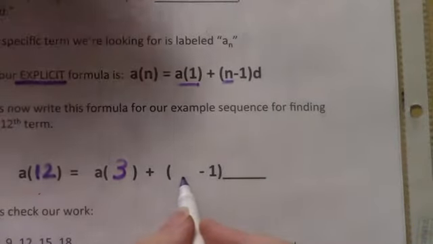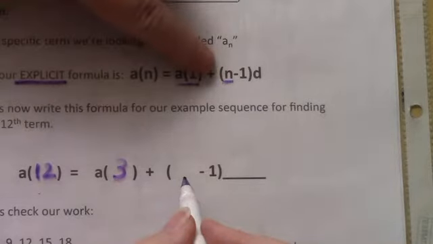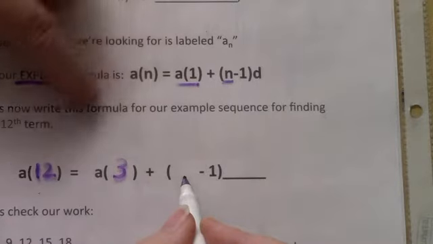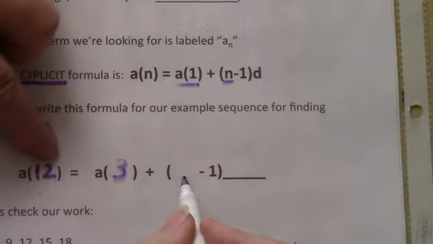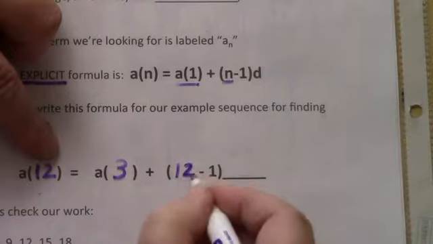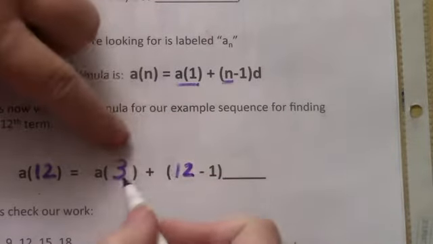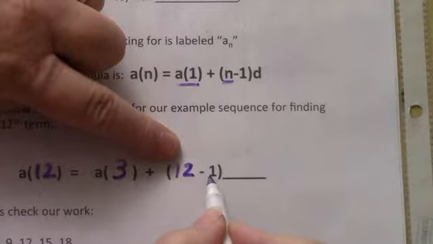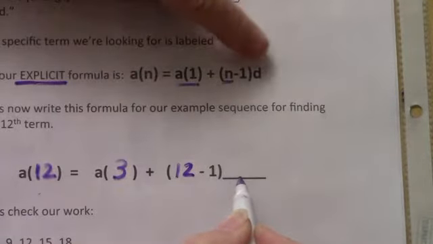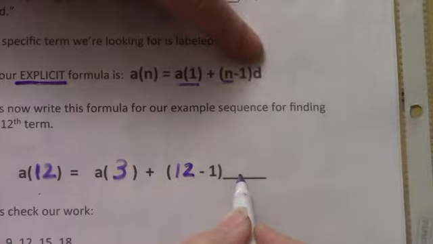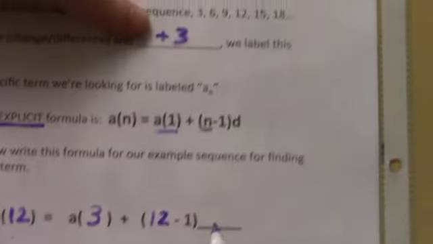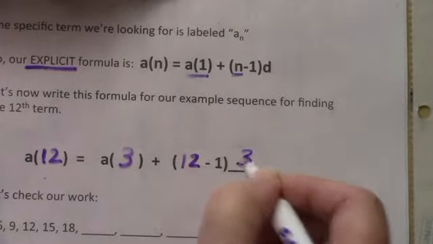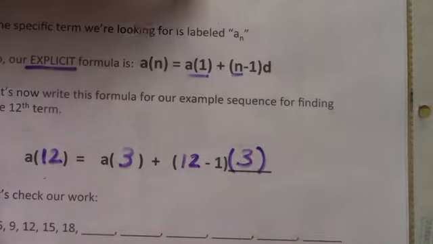What goes next in our formula is this n. And what is that referring to? It's referring to the number in the sequence that we're looking for. So a 12 is going to go there. So our first term plus the term we're looking for minus 1, and then what goes here is the difference. The difference in this case, in our example, is plus 3. So now we're going to put a 3 here, and we're going to multiply that.